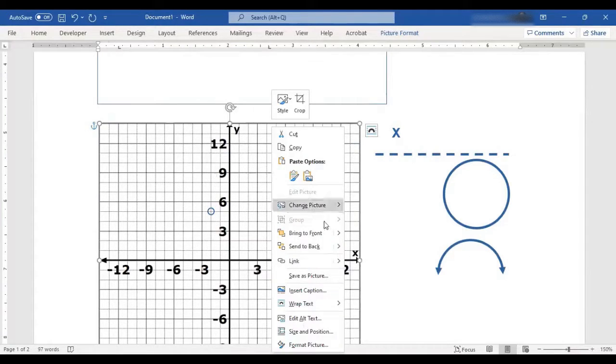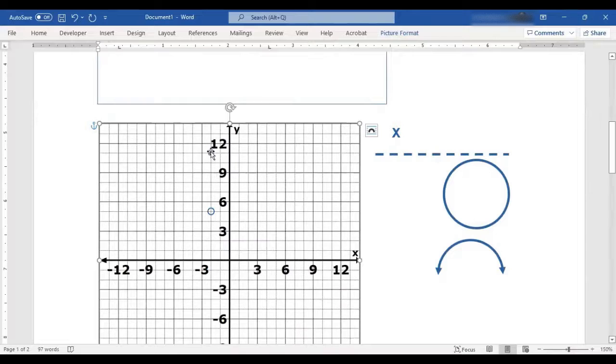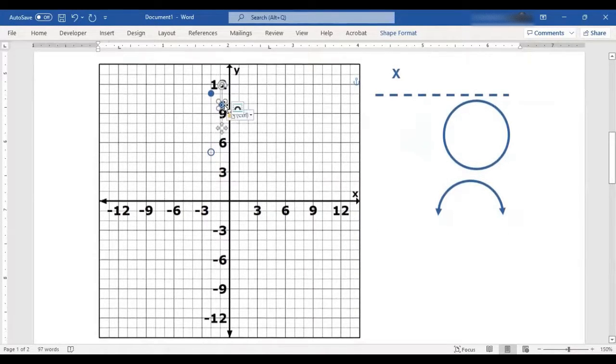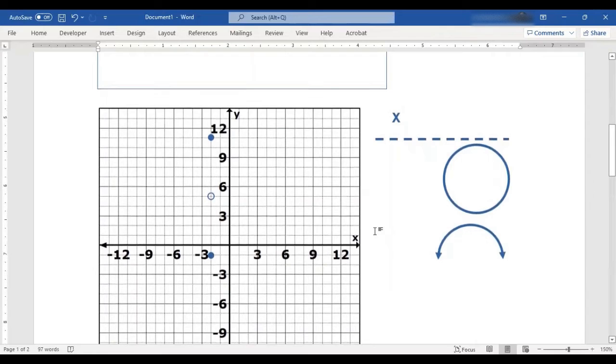Don't worry, I'm just going to send this to the back so we can see that point. Beautiful. And then I'm going to have to go down 6. So 1, 2, 3, 4, 5, and 6. There we go. Sweet. So if the 6 had been associated to the x in the formula, then I would have gone left and right by 6.